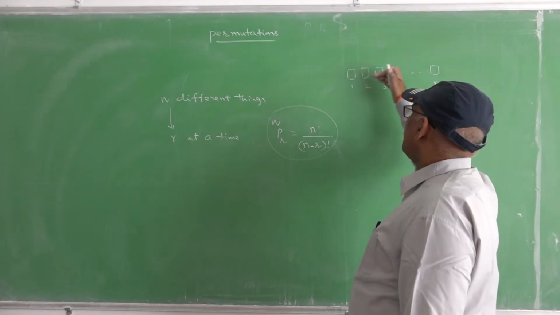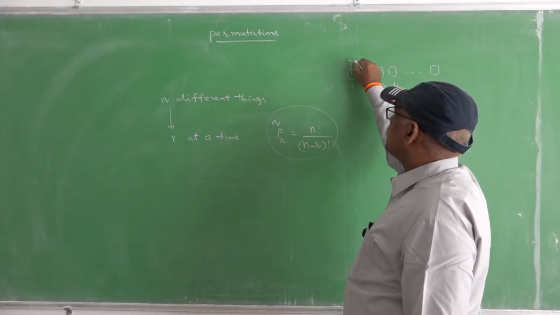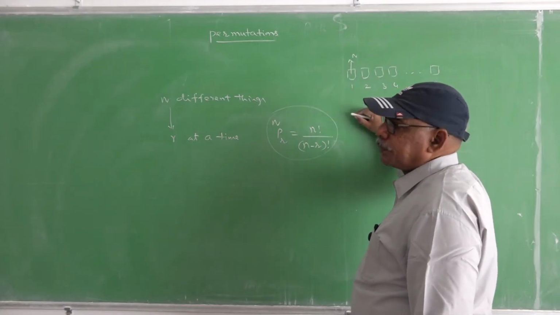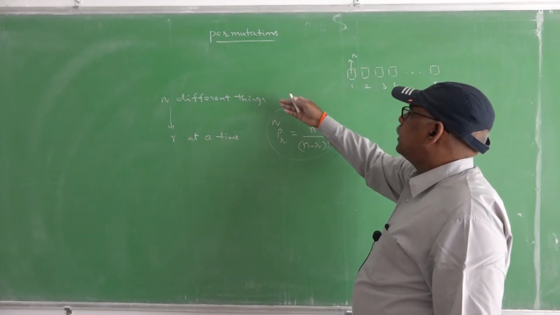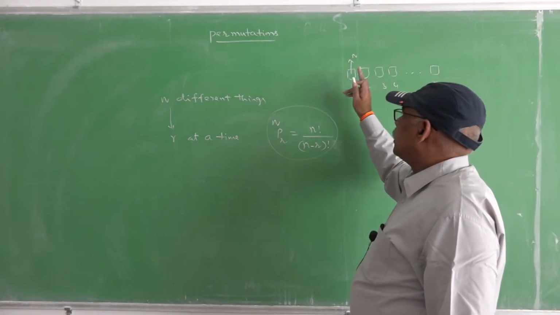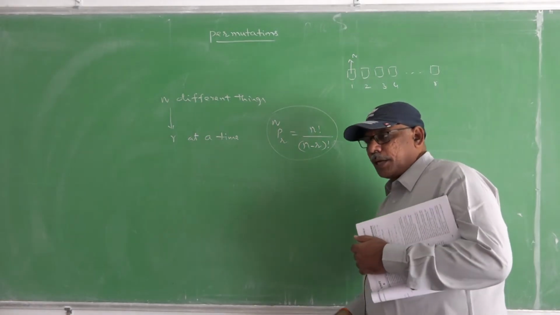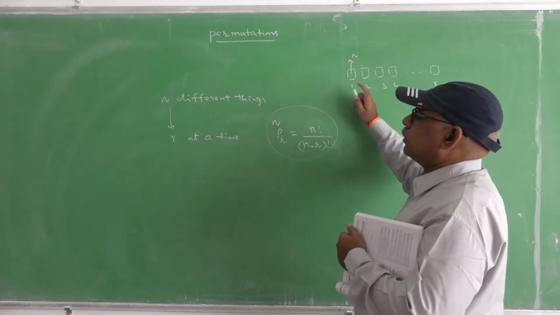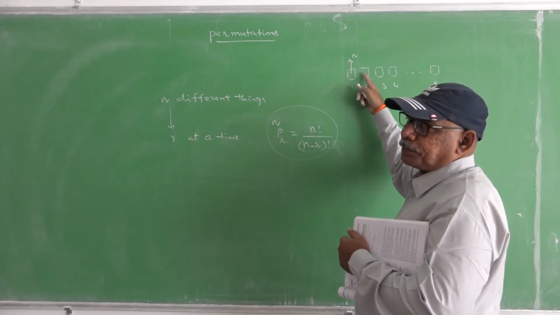Filling up of r blanks with n different things means you can fill this gap in n ways, because out of n dissimilar things you can put anything here. Since no repetition takes place here, the thing which was used here cannot be used again.